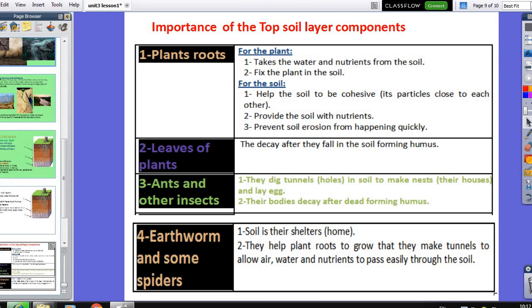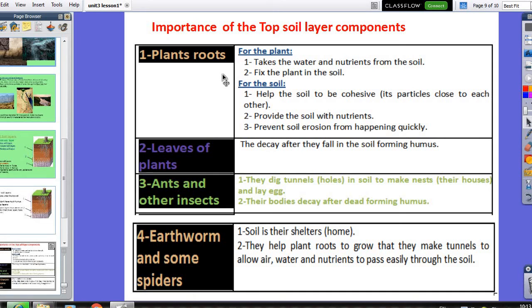The importance of the top soil layer components: we have plant roots.